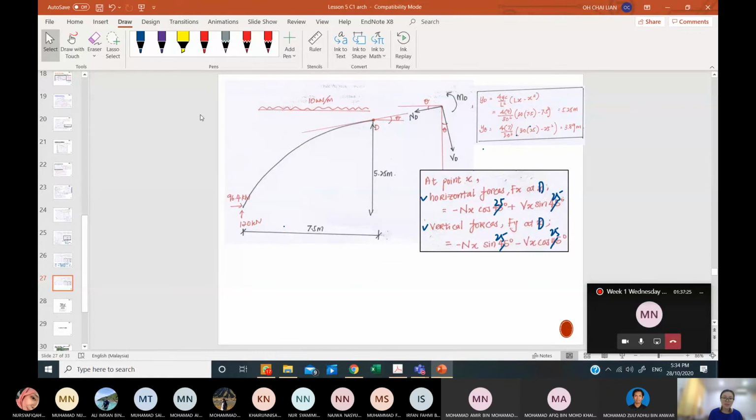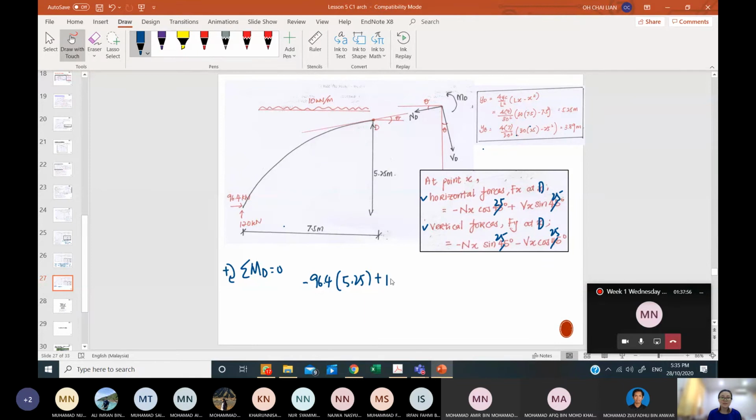So I'm going to take a summation of MD equal to 0, which will not involve any ND and VD in this calculation. So I will just need the 96.4 and the 5.25. It adds, so I put a negative there.